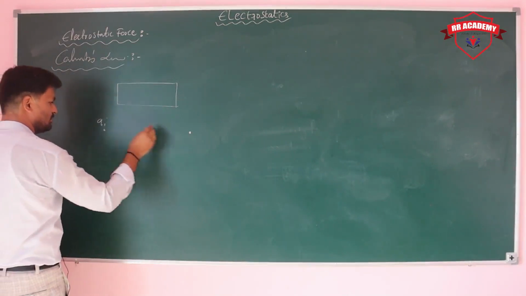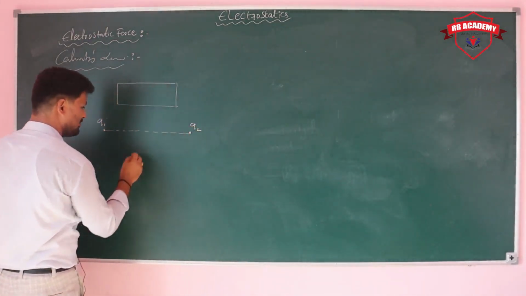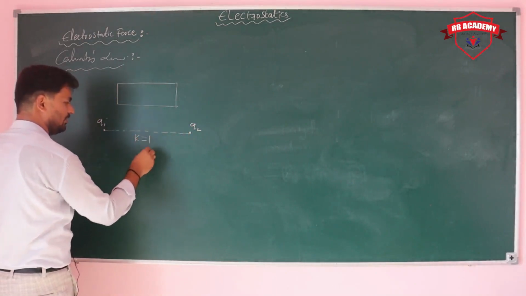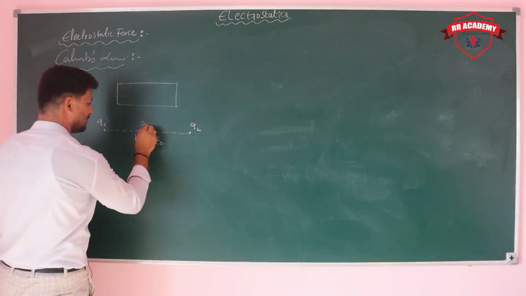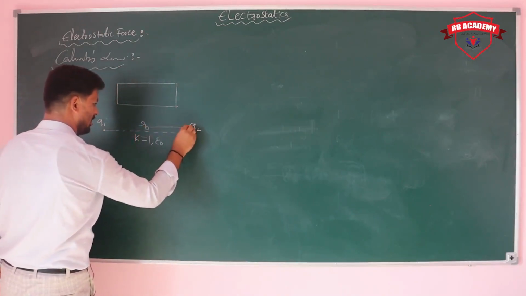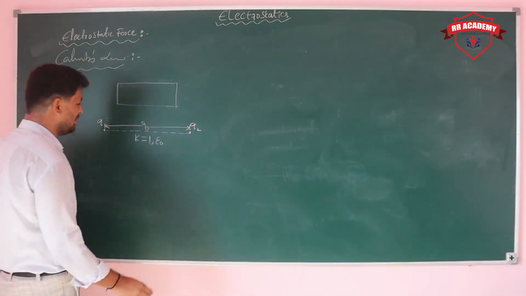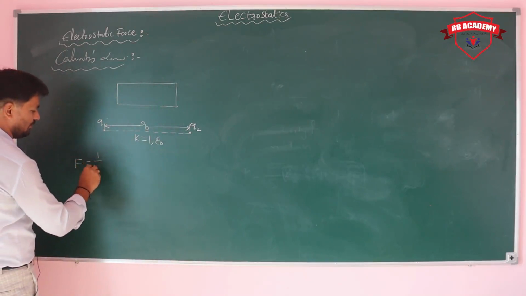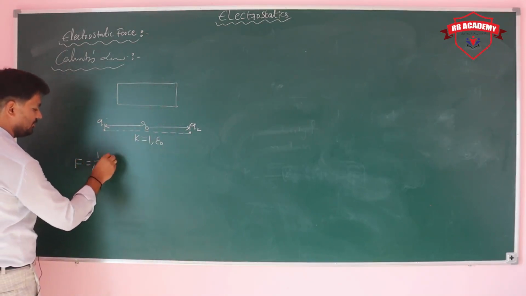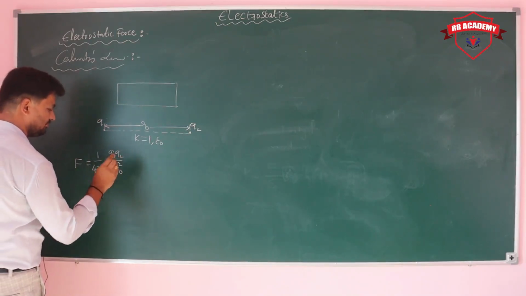Q1 and Q2 are two charges separated in free space, where K is equal to 1 and epsilon naught, by a distance R naught. R naught represents the distance in free space. Next, that produces the force equal to 1 by 4 pi epsilon naught Q1 Q2 upon R naught square.